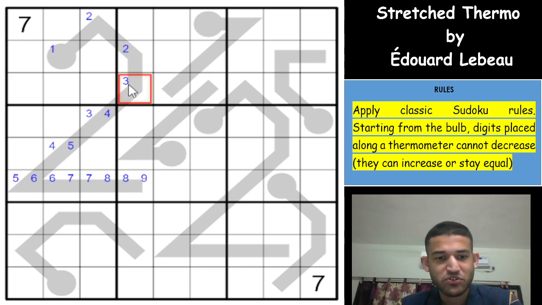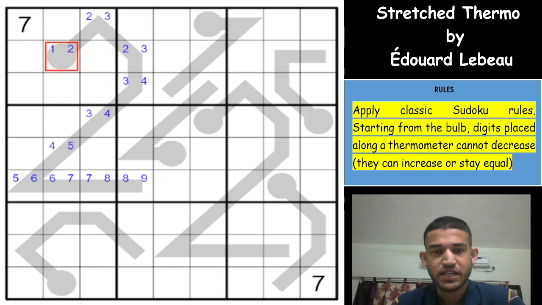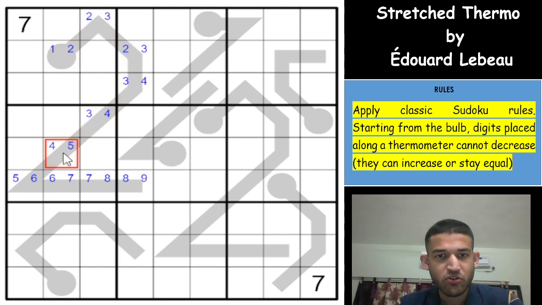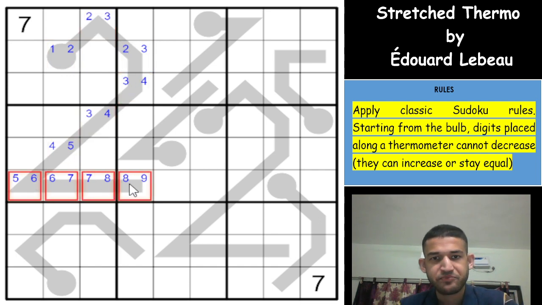So instantly we should not write a 3 here, right? 4 can repeat here. So this can be 4 and digits can't repeat. So this is maximum 3 and digits can repeat here. So this is maximum 3 and this is maximum 2. So you can notice that by writing the minimum and the maximum values in each cell, we know what exactly are the digits that can go into all of these cells, right?